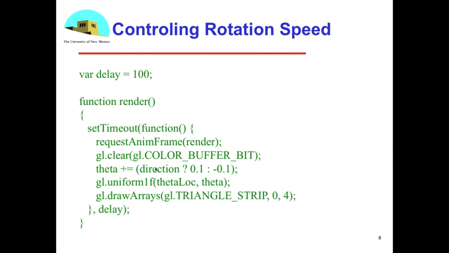So suppose I set the delay globally to be 100 milliseconds, and then in the render function, I put my rendering, exactly what I was doing before, inside of the timeout function. So what the timeout function does is request an animation frame. That is what makes it recursive and will render as soon as it can.